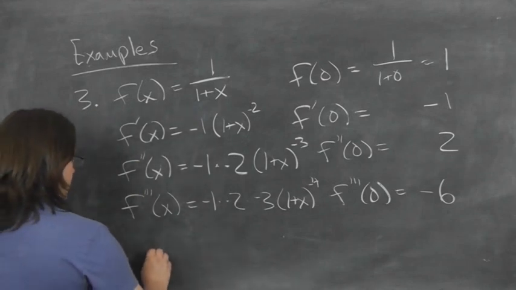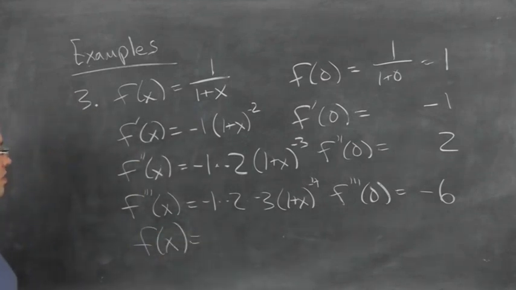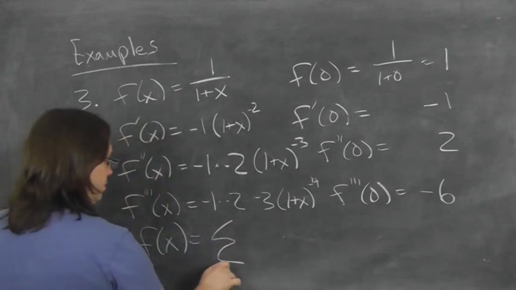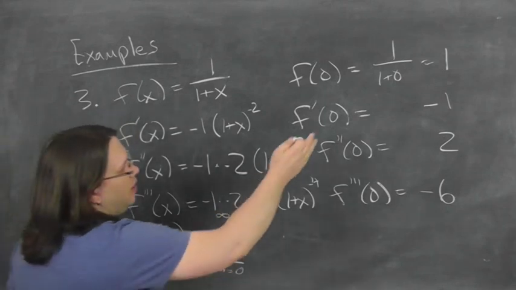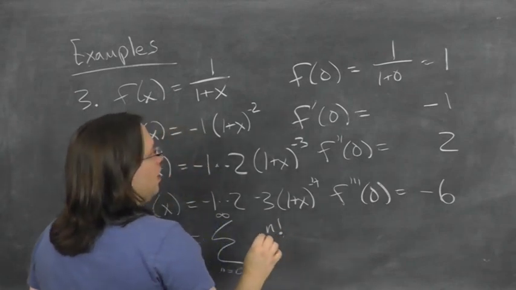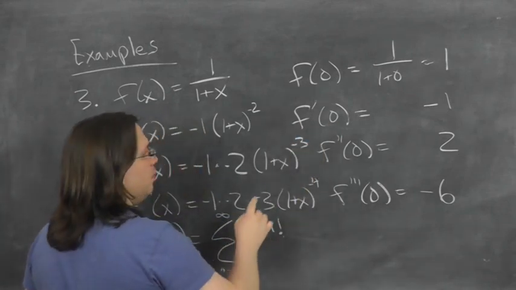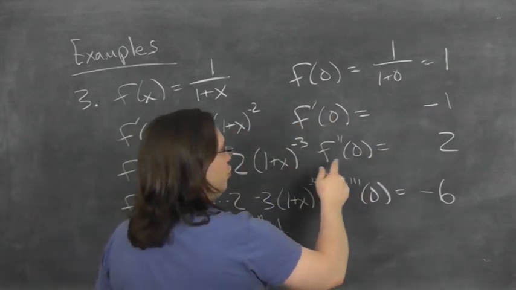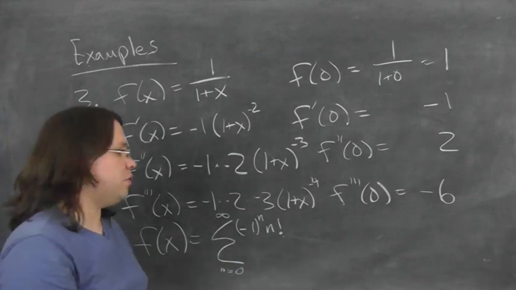So this says that the Maclaurin series for 1 over 1 plus x is the sum from n equals 0 to infinity. And then we have these terms here, which are n factorials. And then it's a times a minus 1 to the number of derivatives. So at 1 derivative, there's a minus 1. At 2 derivatives, we had 2 minus signs. So that would be minus 1 squared, and they both cancel.